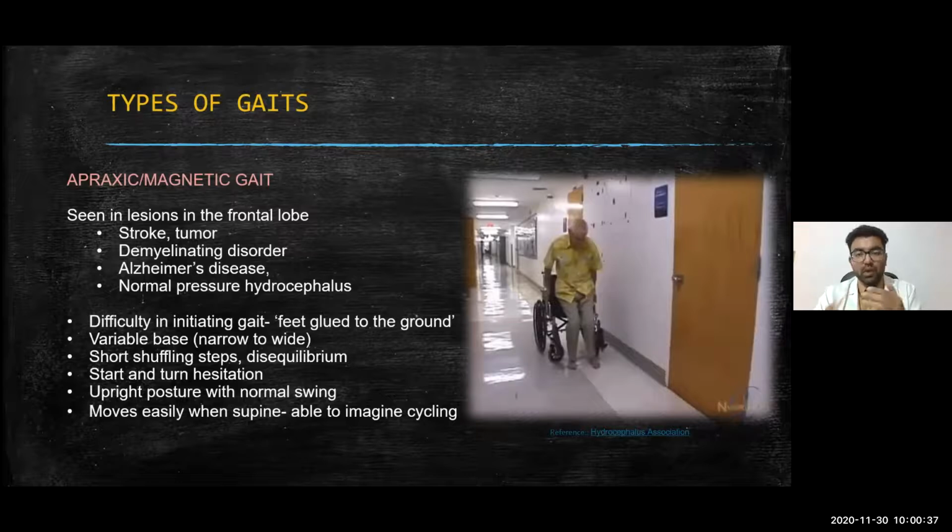Hypokinetic gait. So how do we differentiate it from hypokinetic gait? With apraxic gait, the other features of Parkinson disease or other symptoms will be missing over here. For example, the patient's arm movement will be normal.